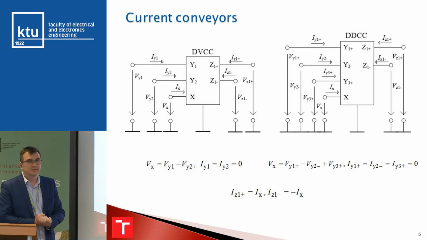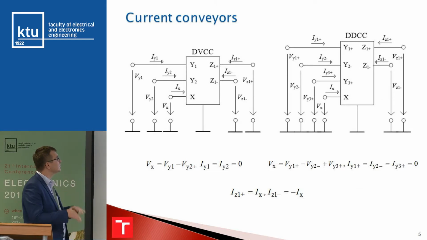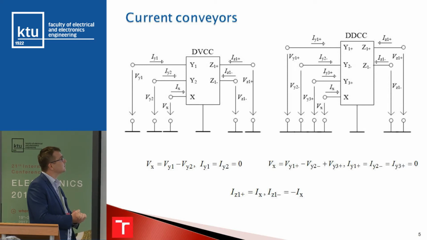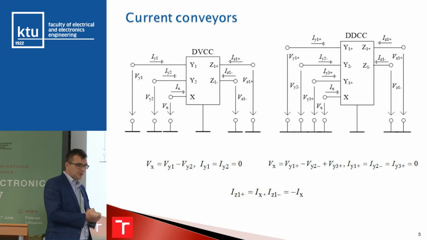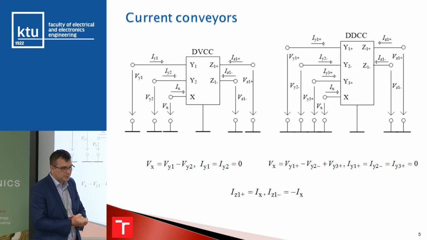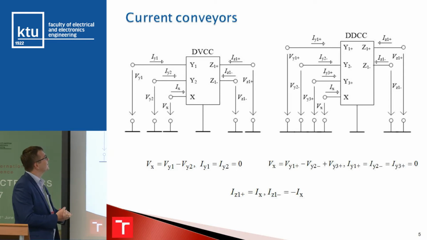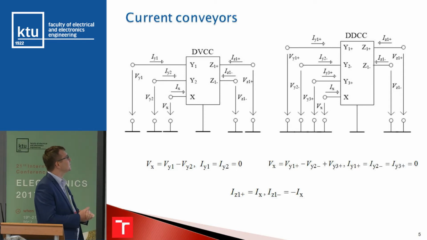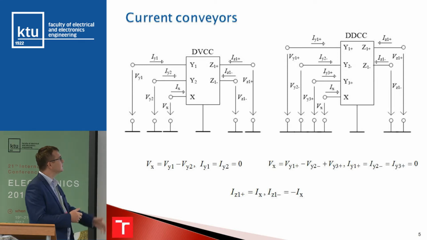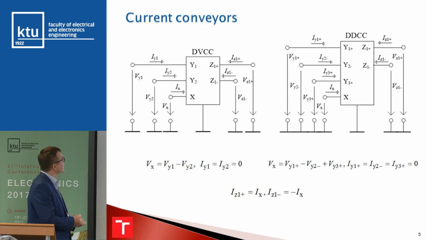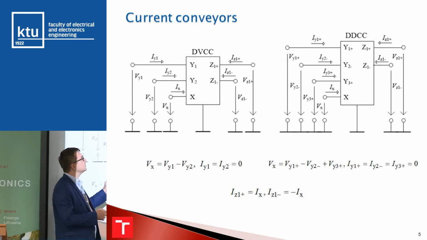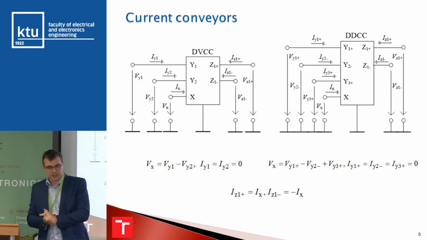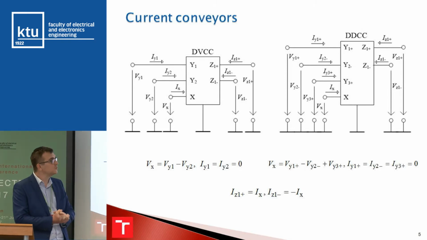What we used in our research, in our group, we are all, let's say, offspring of Professor Weber, who was dealing with the area of current conveyors, and we somehow continue in that. In this particular design we used two types of active elements from this group.